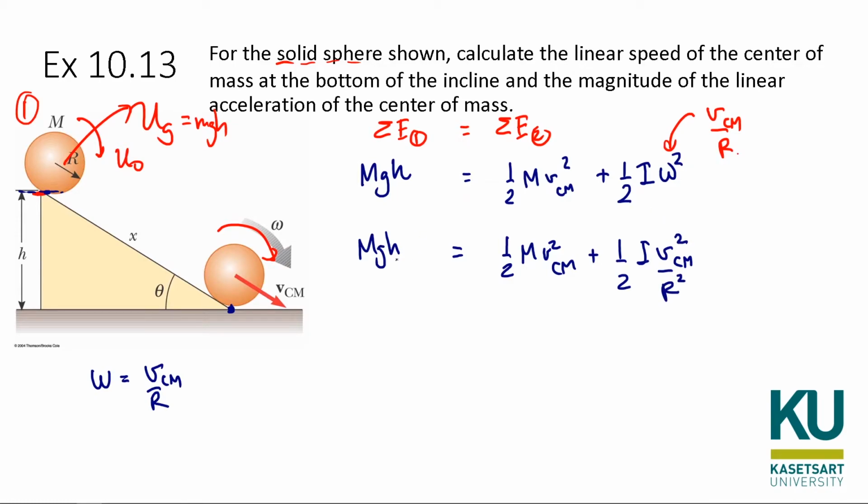If you would like to have this relation in terms of v_cm, how can you apply it? You can just take v_cm squared outside, with the term 1/2 m plus 1/2 I over r squared. This can be reduced to a kinetic energy form like 1/2 m v squared.